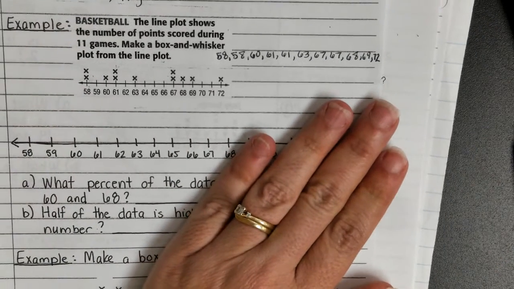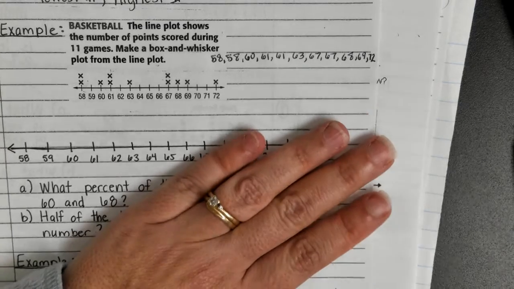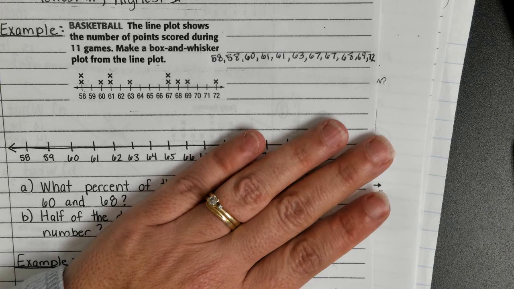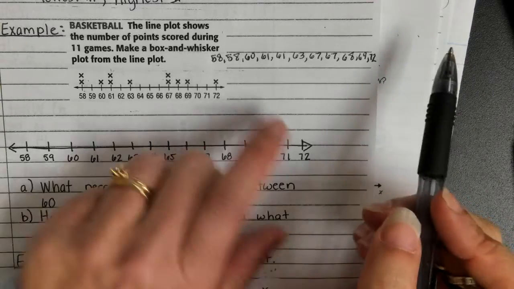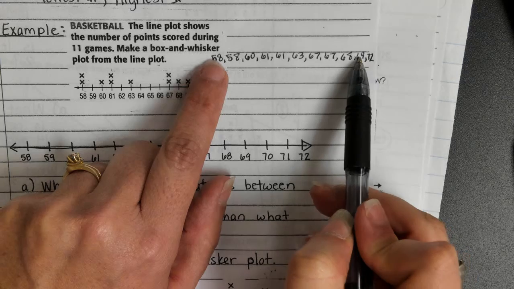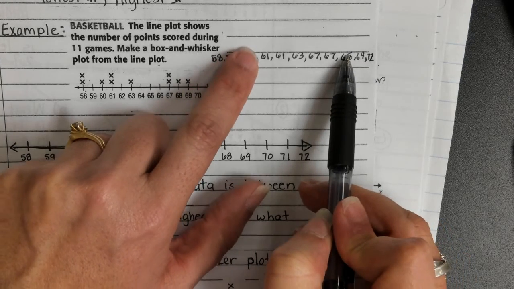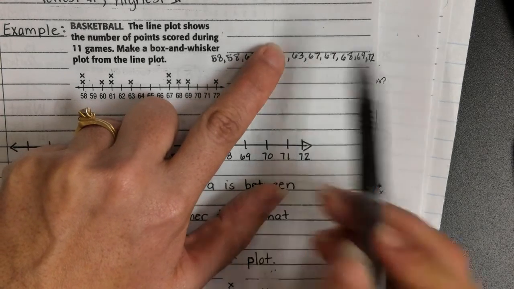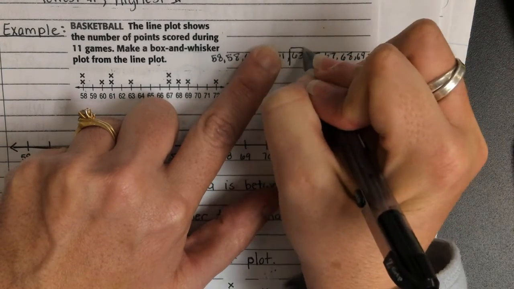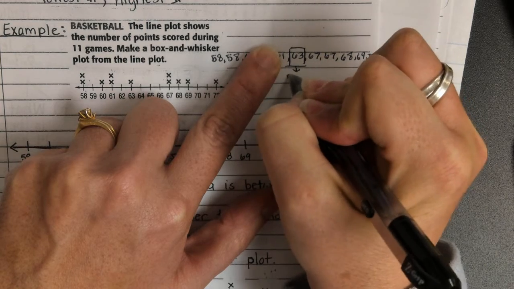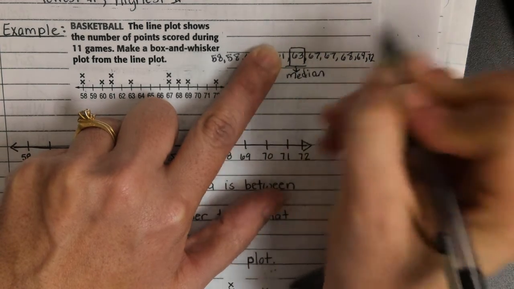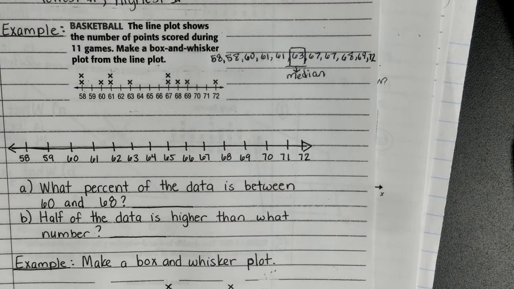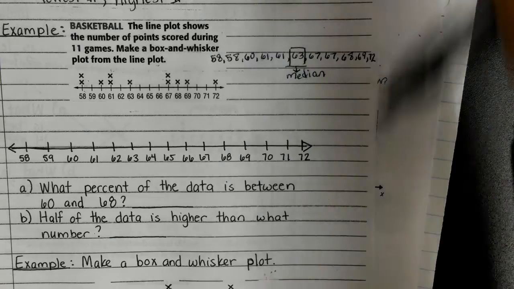Okay, now I need to go in and find the 5 things that we just talked about, mainly the median, LQ, and UQ. Here we go. I'm going to go in just like last week, and I'm going to mark them. I got median is 63. I would draw a box around it, just like I said last week. That way we can kind of go back and see where did we get that from. Okay.